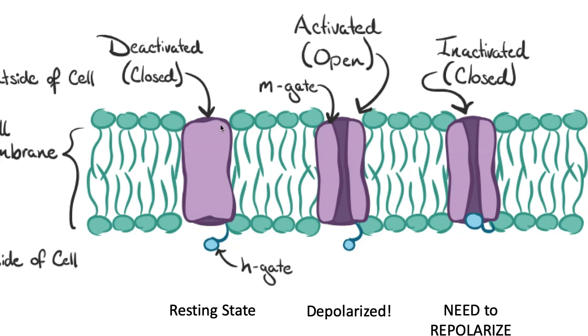That is what allows this voltage-gated sodium channel to be ready to fire again. So in order to move this inactivated closed channel to a closed channel that's ready to fire again, you have to repolarize the membrane, because these are voltage-gated channels.